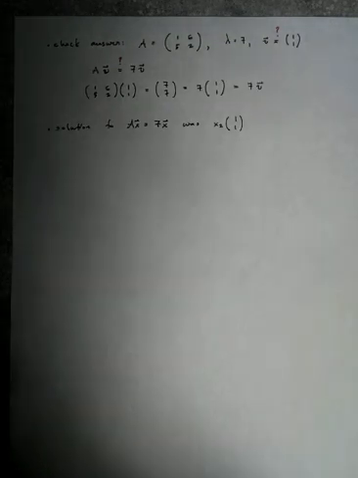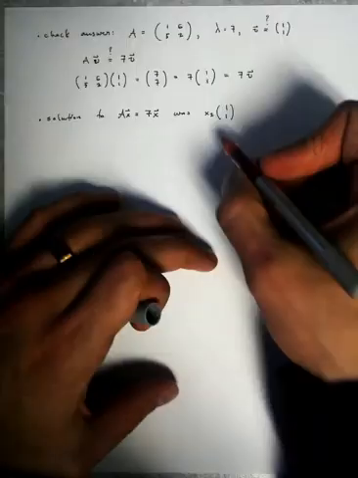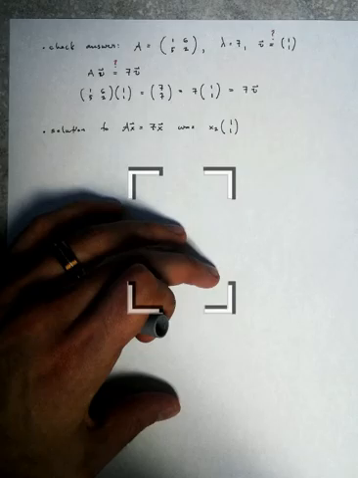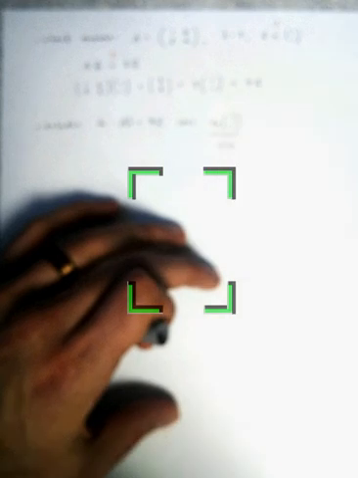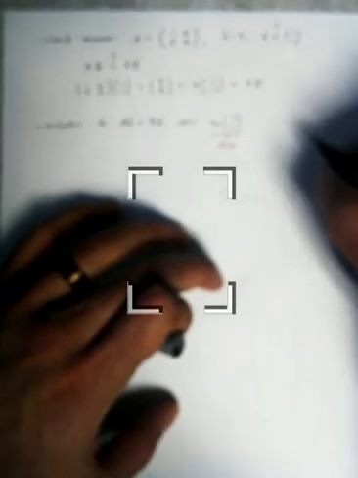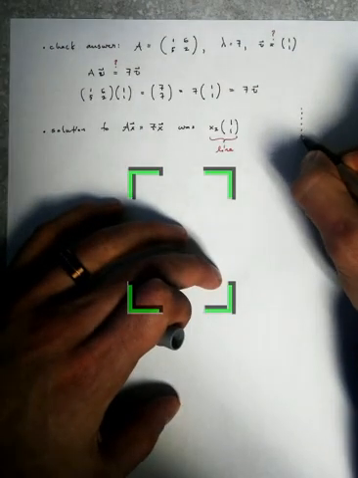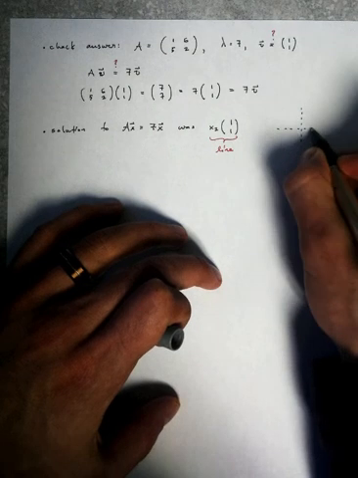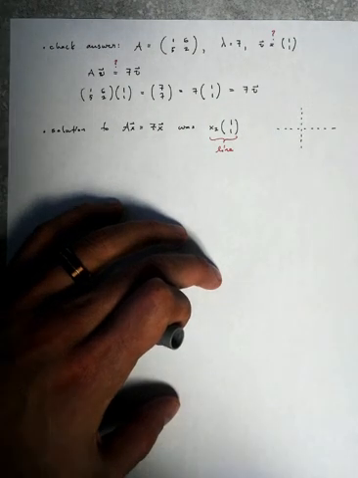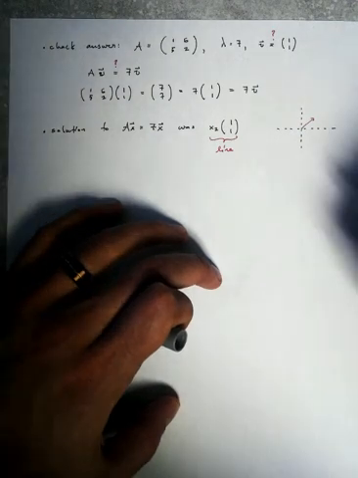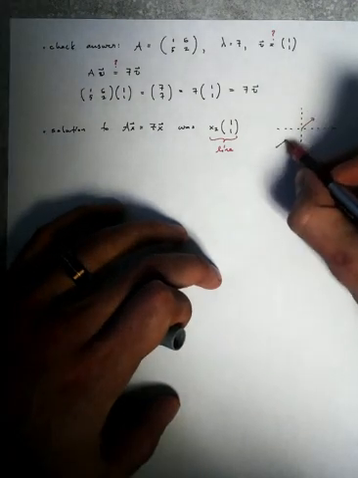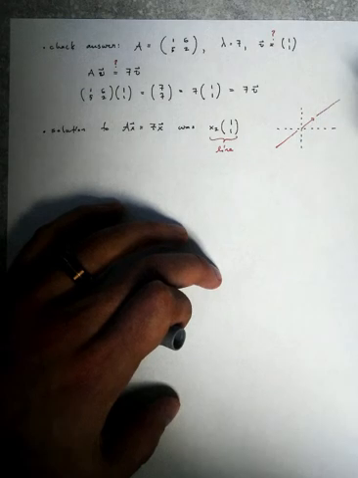Any scalar multiple of this vector is a line. So [1, 1] points in this direction, and any scalar multiple of it will form this line.